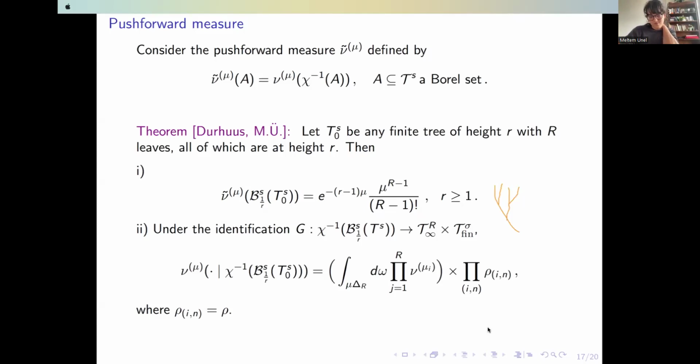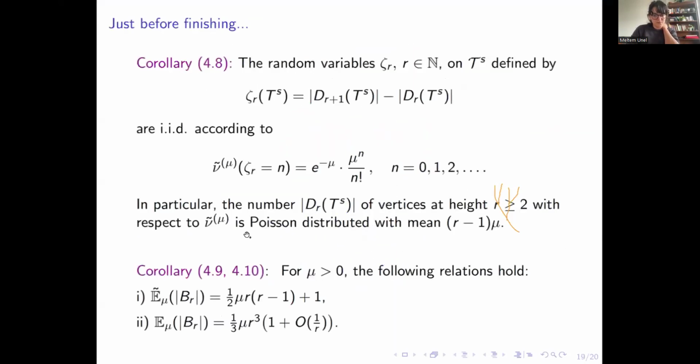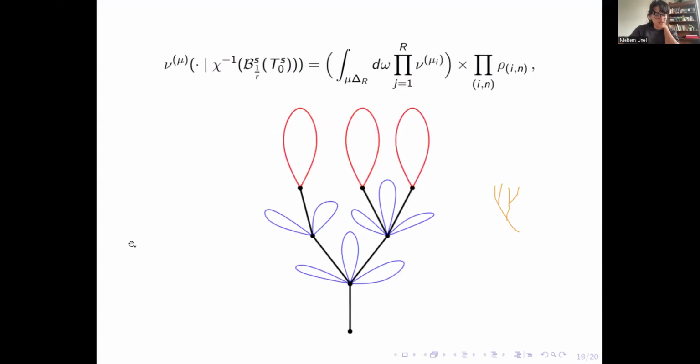And if I look now at the pre-image of this ball, what I find is this decomposition. I will show a picture which explains this. Okay, this one. Sorry, I almost finished.